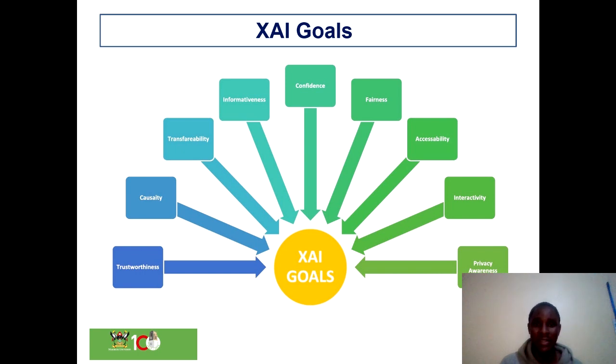Fairness: it shouldn't be biased in terms of gender or race or whatsoever. Accessibility, interactivity, in terms of it should understandably provide information to the end user. And then privacy awareness, so it should try to avoid any breaches of privacy.